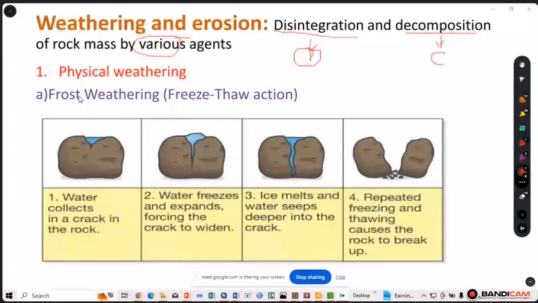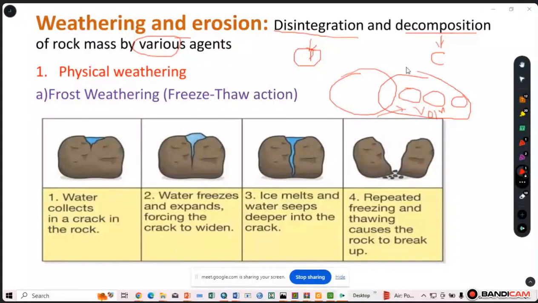The rocks break into smaller pieces, and physical weathering increases the amount of surface area for chemical attack. Suppose this is a rock. Due to some physical action, the rock is converted into smaller pieces. You can see the volume also increases here, and these small fragments are exposed to the atmosphere.